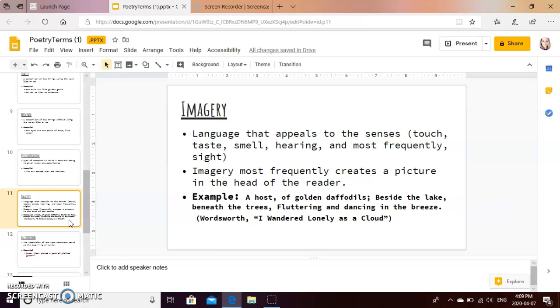So that is showing you what the author is seeing and taking in as he looks upon the scene. So that's a good example of imagery, using a lot of descriptive words in the poem in order to allow the reader to create a picture in their mind.